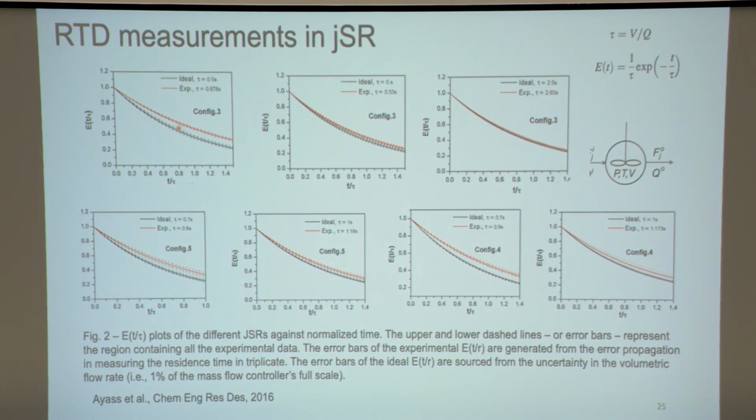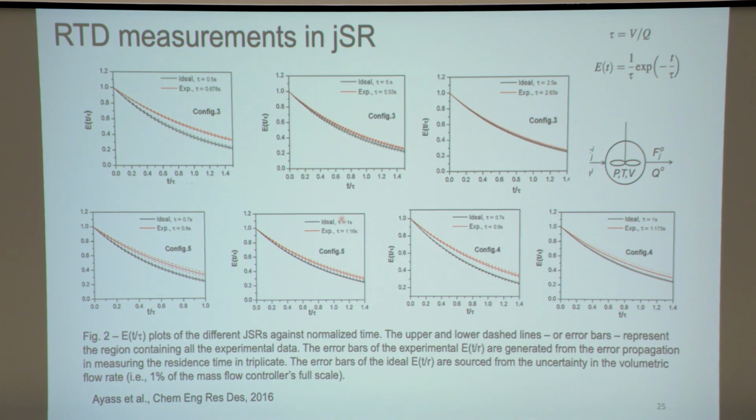So what we do typically is these tracer experiments. You take your reactor with no reactant gases, and you inject a tracer, something like carbon dioxide or carbon monoxide, and you measure the concentration coming out, and you see if it follows this ideal model, 1 over tau exponential of minus t over tau, and you test different configurations of your JSR, yeah?